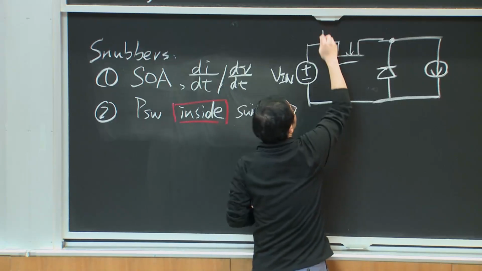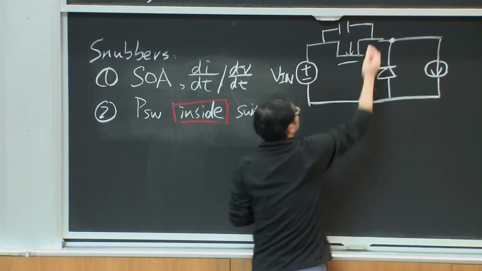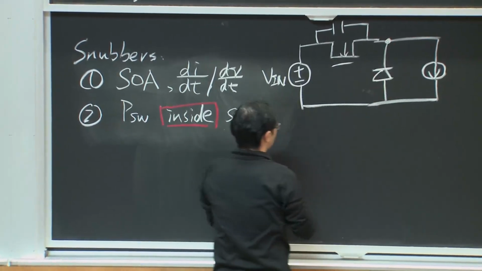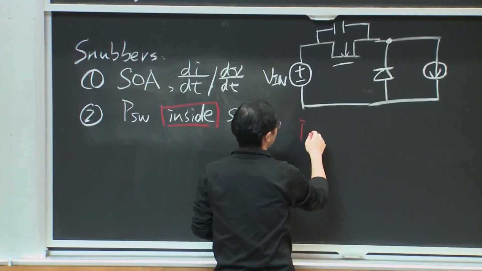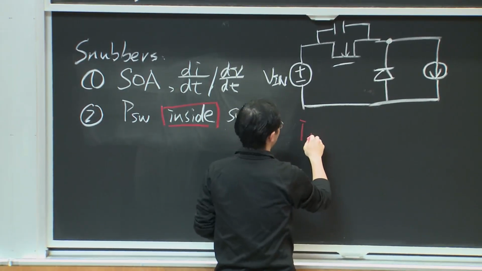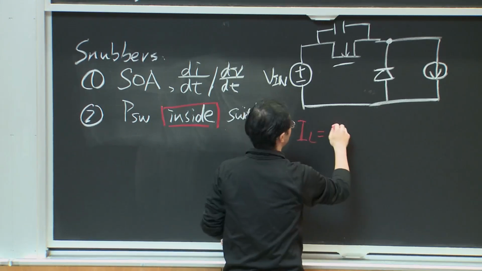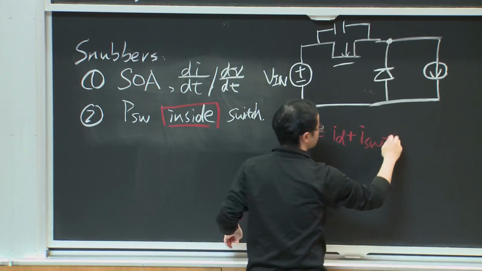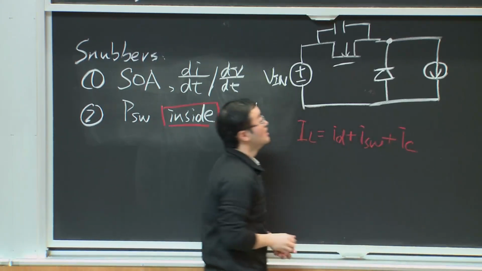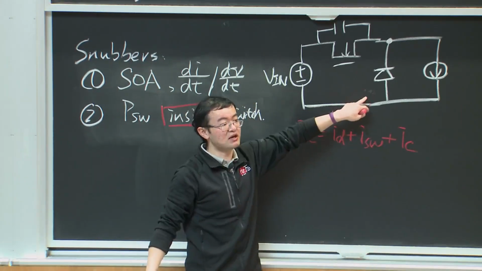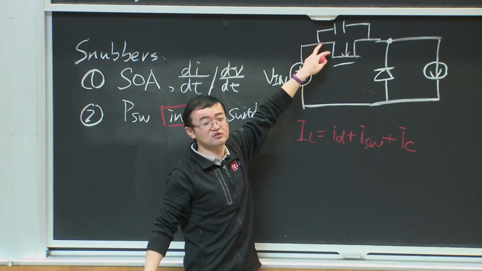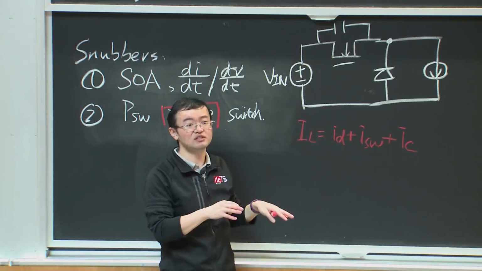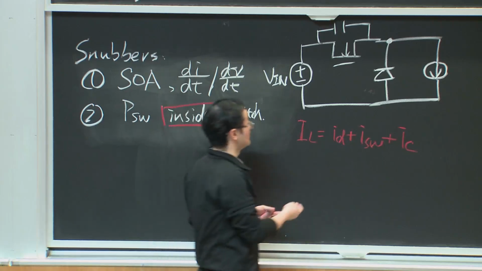But now we can have a capacitor that is in parallel with the switch. Previously at this node, we had the KCL equation IL equals ID plus ISW. But now we have an extra term, which is IC. So previously the diode could not conduct the current, but now the capacitor can carry current. And now we can have instantaneously the small voltage and current during the turn off at the same time.